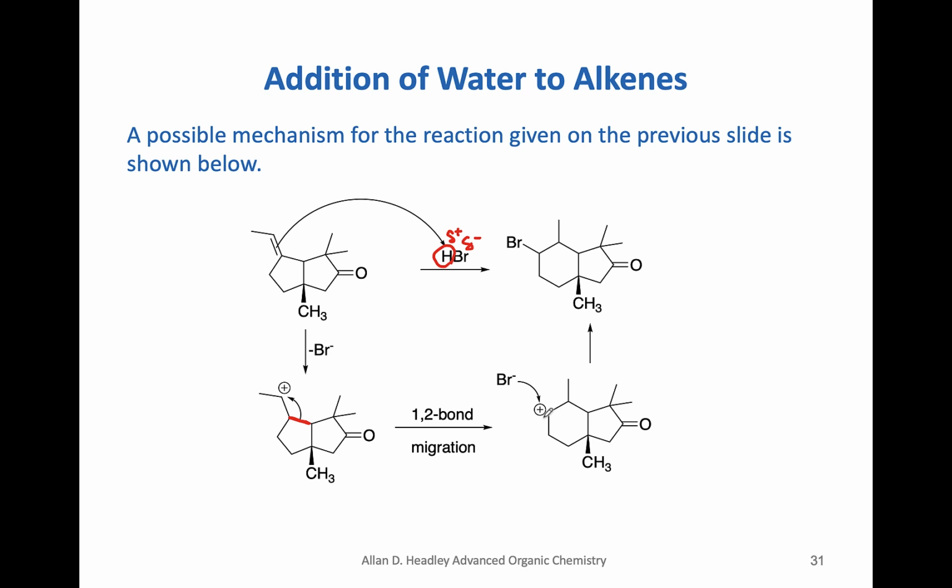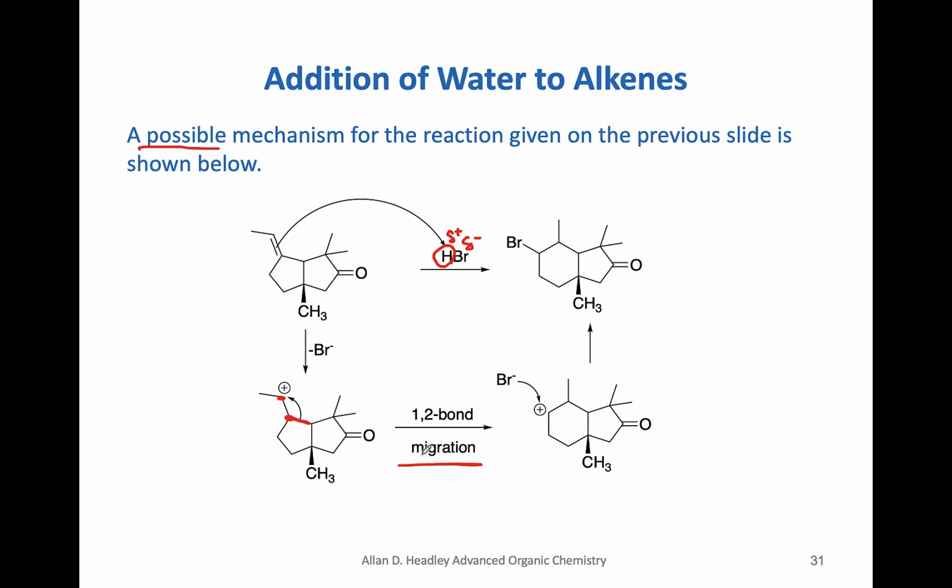So notice again, it's secondary going to a secondary, and that's okay because it assists in the explanation of this product, and that's why we say in a proposed mechanism, a possible mechanism. So this is our secondary carbocation based on this 1,2 bond migration, moving from here to here to create this carbocation.